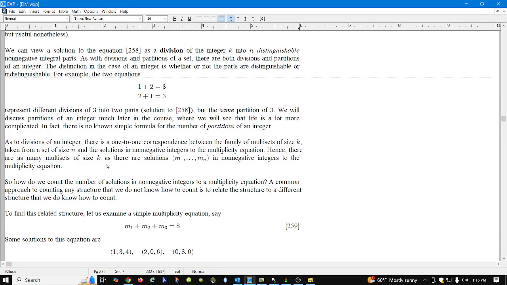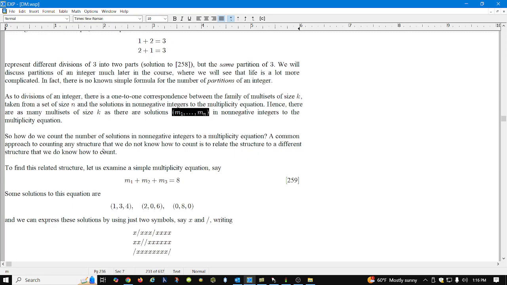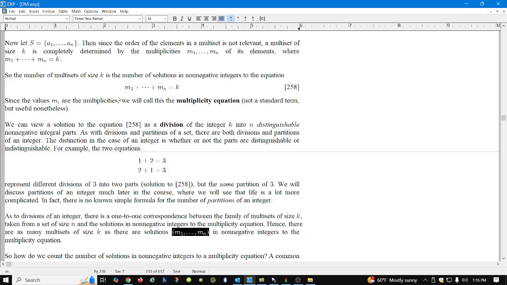So there are as many multisets of size k as there are solutions, ordered n-tuples now because we're distinguishing the parts, in non-negative integers to the multiplicity equation. So we can forget about sets, multisets, and all that and just concentrate on a simple equation, the multiset equation. How many solutions are there?